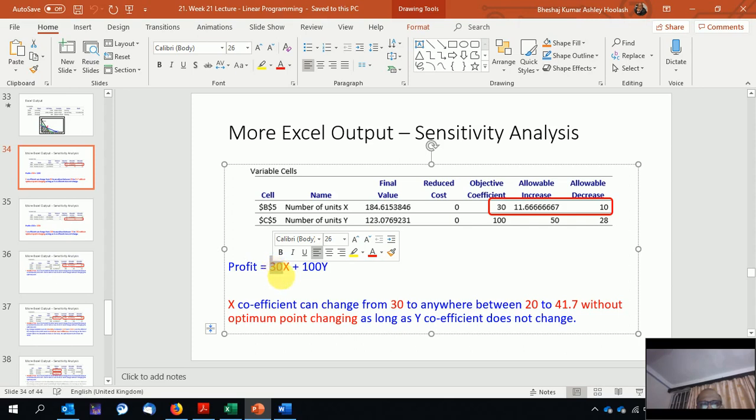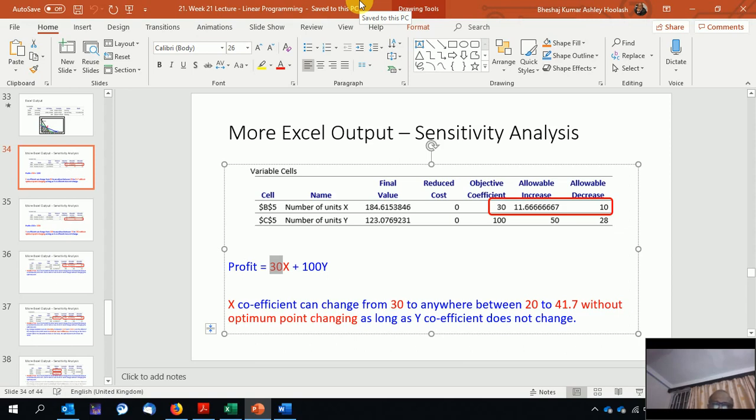So I've highlighted 30 here, which means I would like to know by how much I can increase the 30. 30 means the profit per unit for product capital letter X.